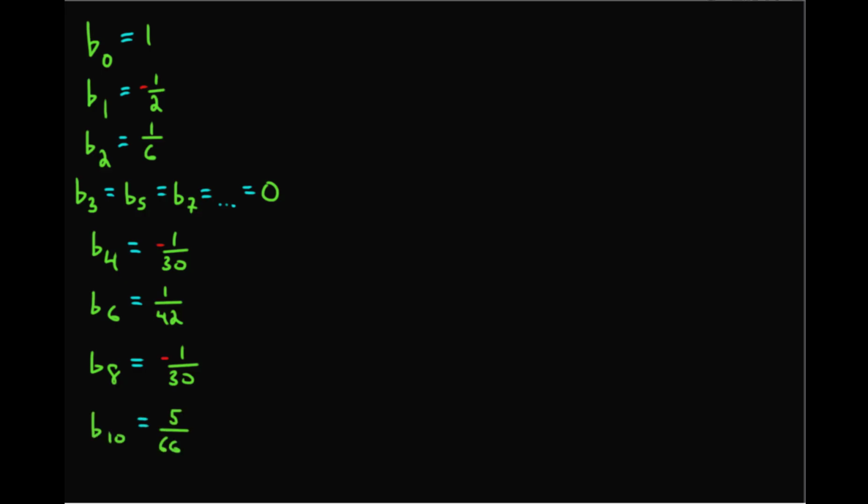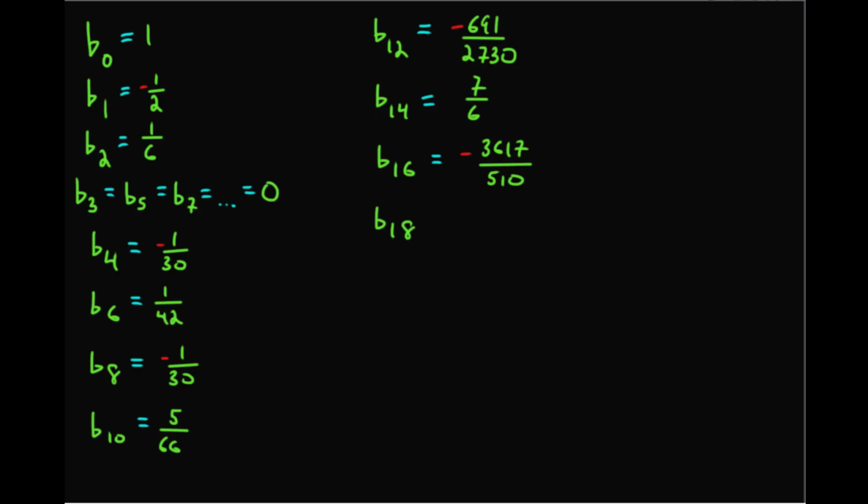But then look what happens when we have B sub 12. That equals negative 691/2,730. B sub 14 doesn't look too bad, that's just 7/6. But then B sub 16 is negative 3,617/510. B sub 18 is 43,867/798.